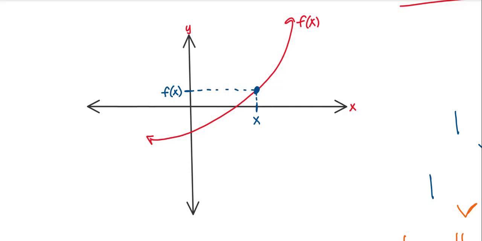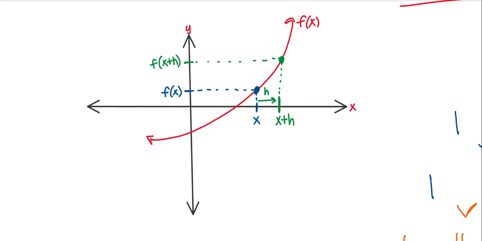And then I'm going to horizontally shift over h units to the right. So this new value right here is now x plus h, because I've shifted my original point over h units to the right. So now my new x value is x plus h, and so my new y value would be f of x plus h.